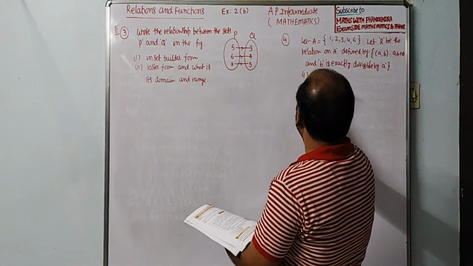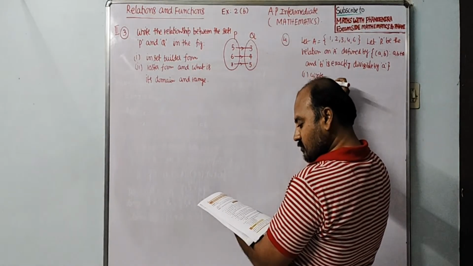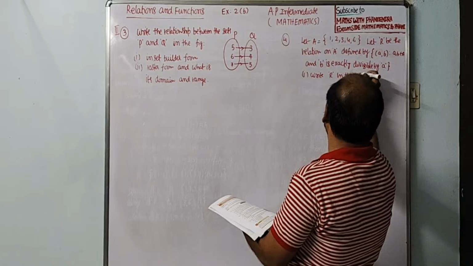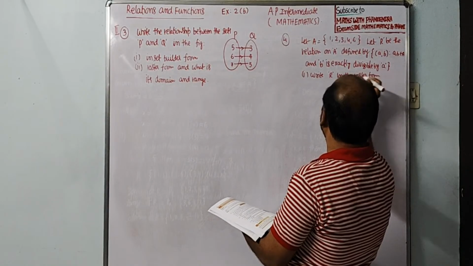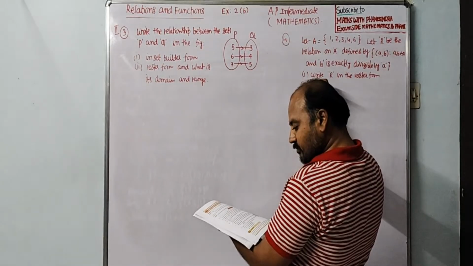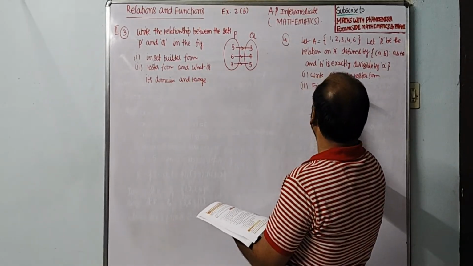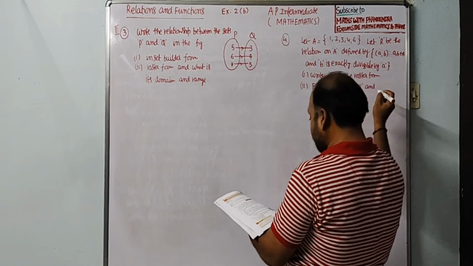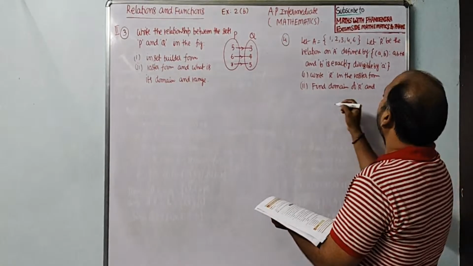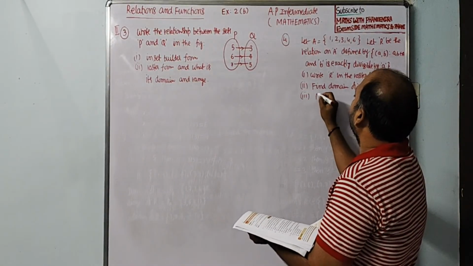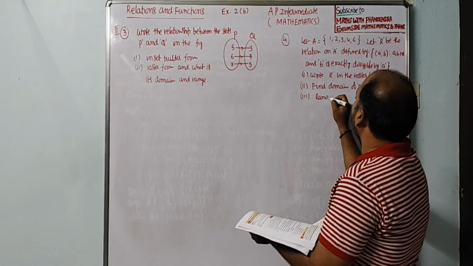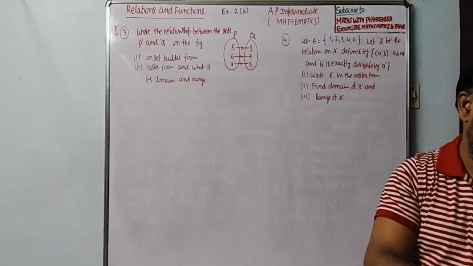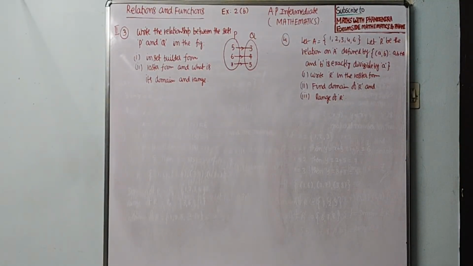So write R in the roster form. Find domain of R and range of R. So these are the questions.